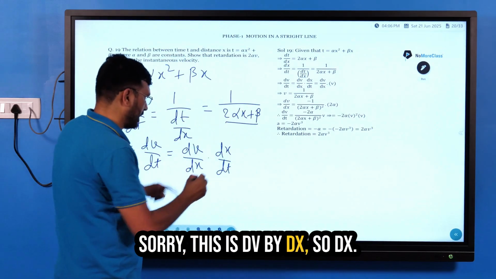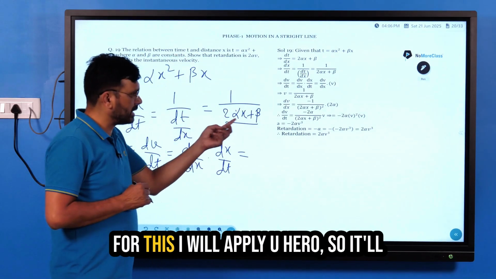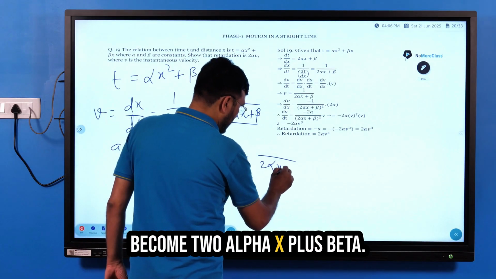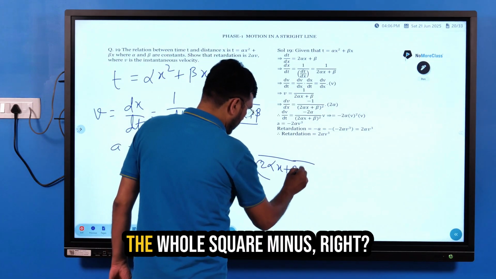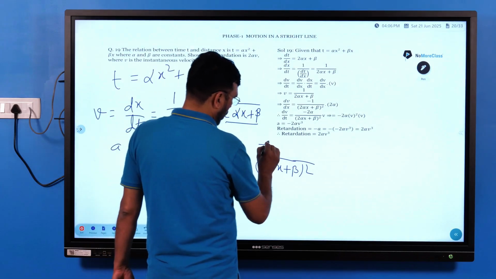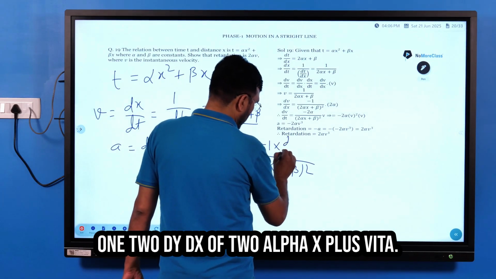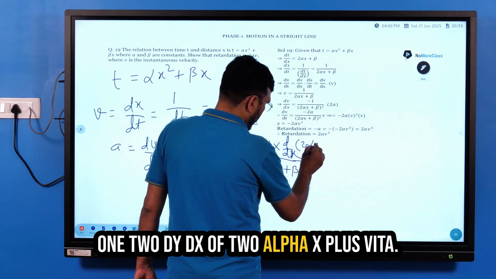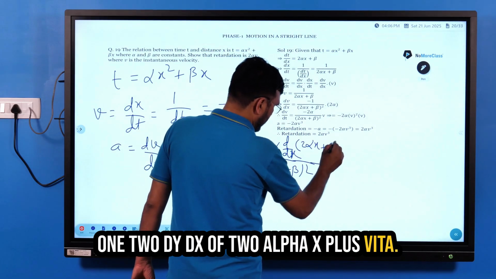For this I will apply the u by v rule. So it will become 2 alpha x plus beta the whole square in the denominator, minus 1 into d by dx of 2 alpha x plus beta in the numerator.